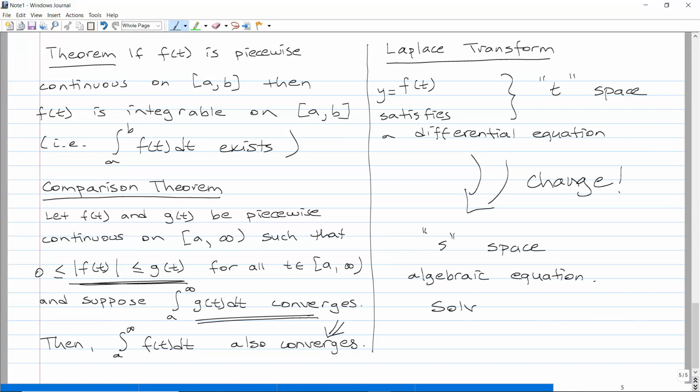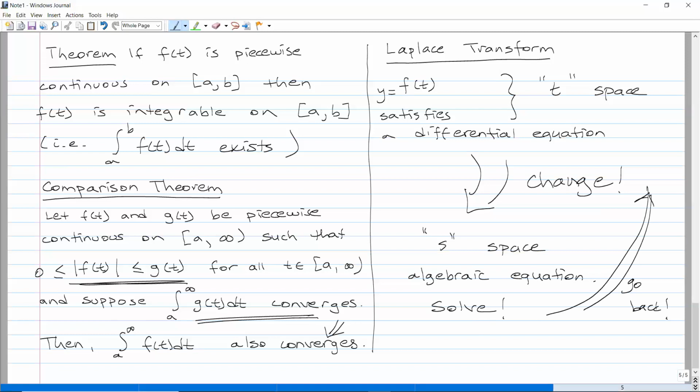So solve this equation and go back. So we cannot solve the differential equation. We apply a transformation. We change the equation. And hopefully, if we choose the correct transformation, this equation becomes an algebraic equation. And we solve that equation. And we go back to the t space to interpret our solution as the solution y of the differential equation. So this is the main idea.